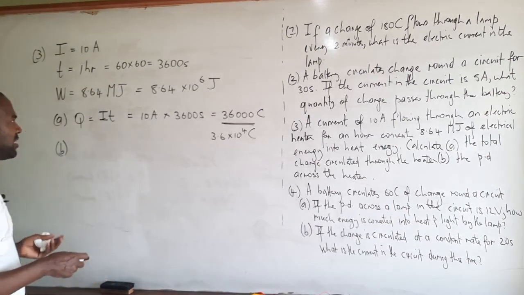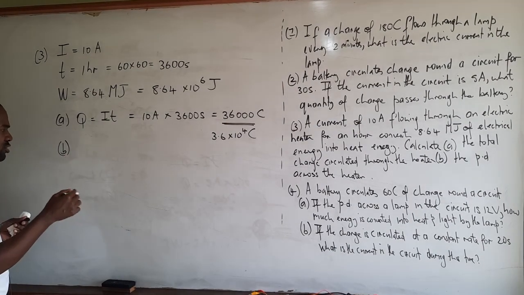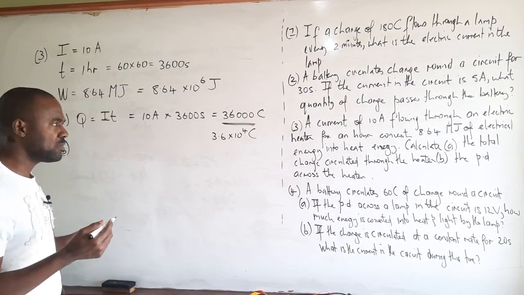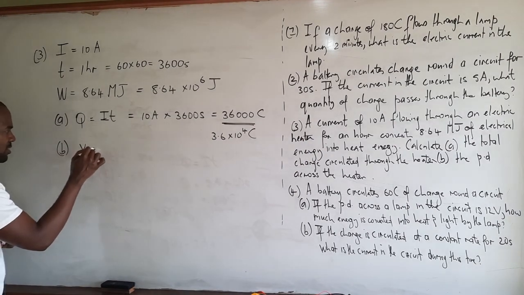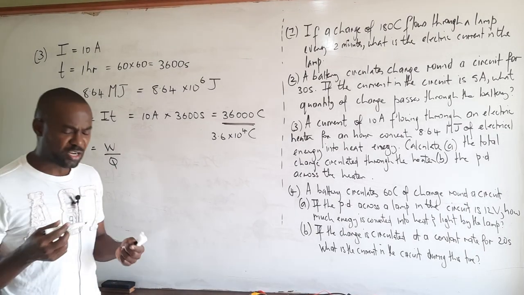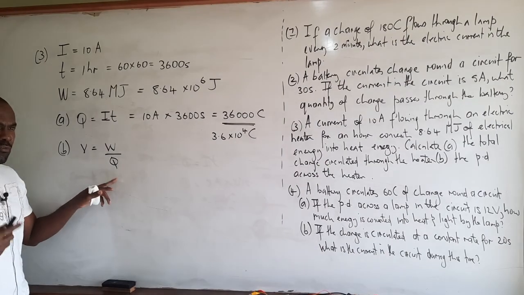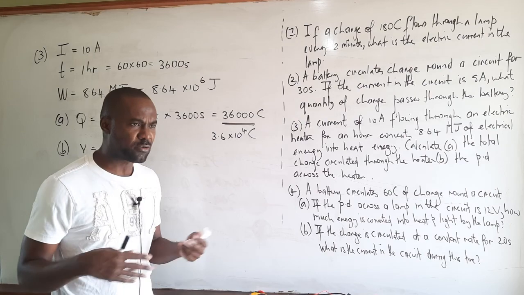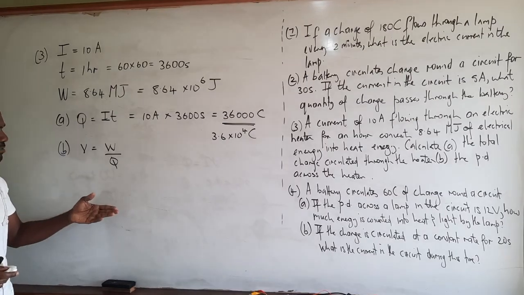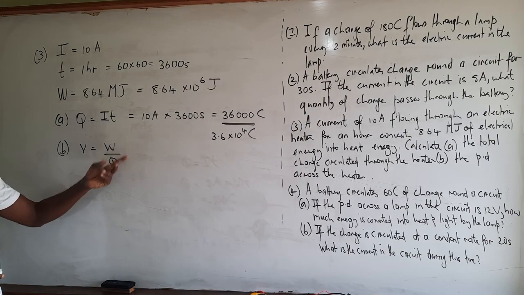So if W is the amount of energy converted from electrical energy to other forms when a quantity of charge Q flows through a device or between 2 points in a circuit, then the potential difference V is given by the equation V equals W over Q.